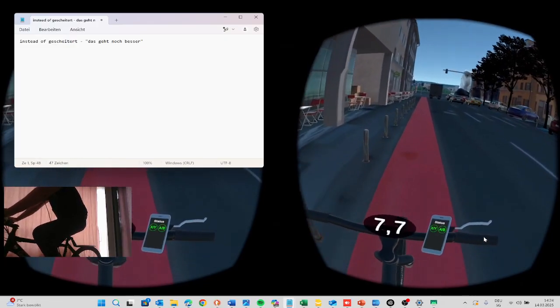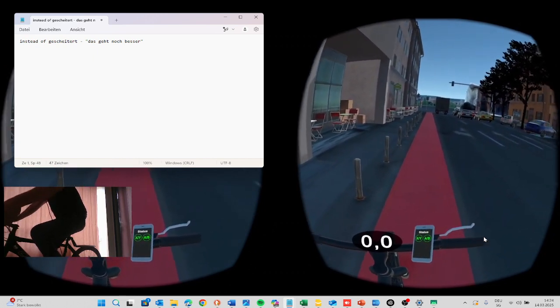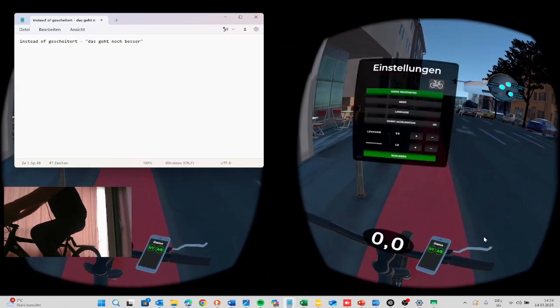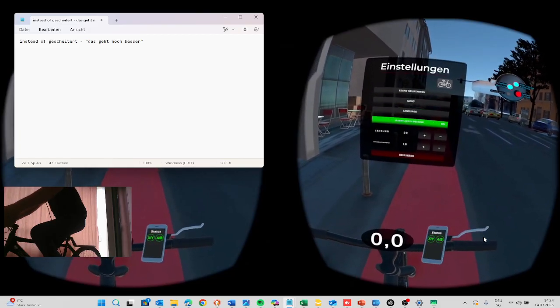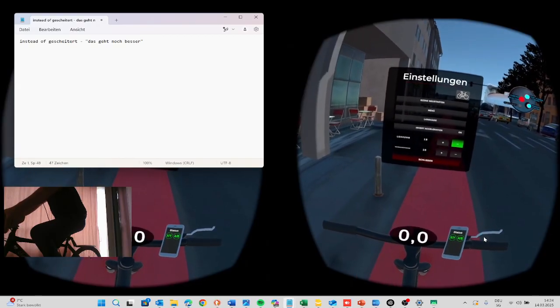Yeah, I think I have to change this value because it's jittering. And fuck.